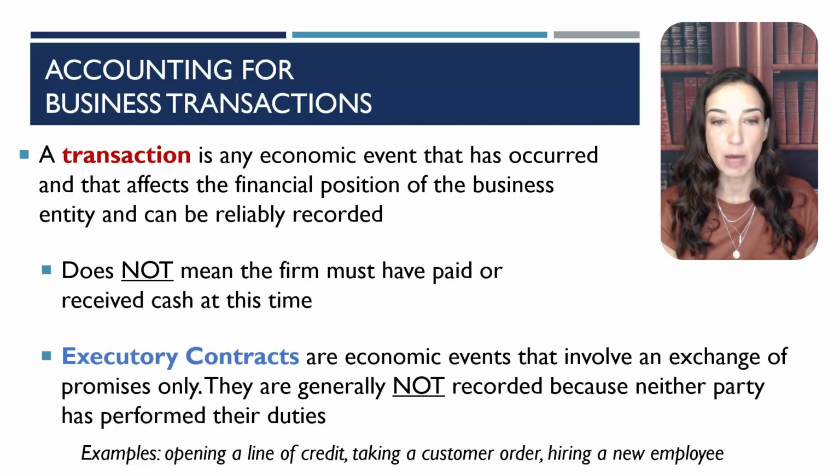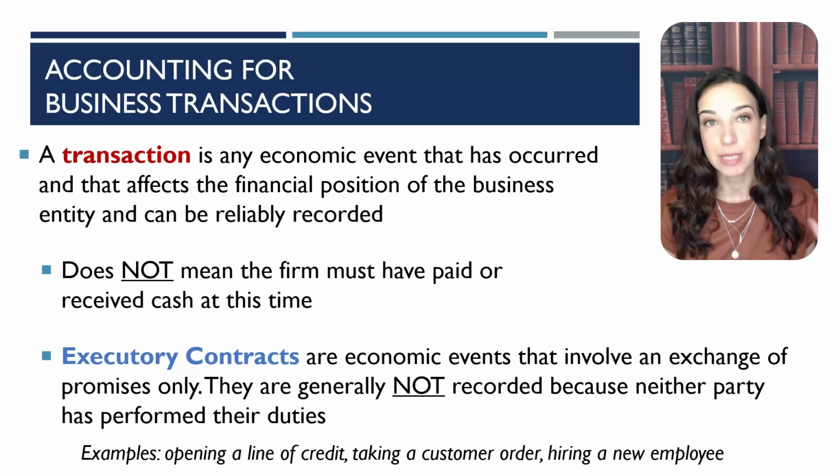So here the example is something called executory contracts. They do create significant expectations, but they're not going to be recorded in the accounting system because no party has ever done anything. And there are plenty of examples of executory contracts that, as they occur, do not constitute a transaction.